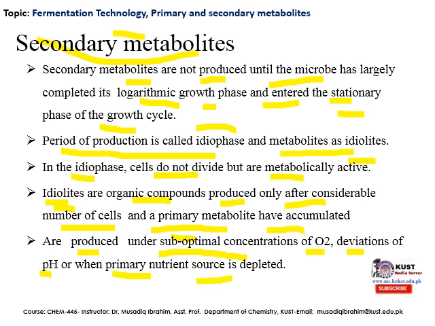So the nutrients, the media, are provided as a source of food for the microbial cells to grow. When the microbial cells reach the stationary phase, the primary nutrients are all consumed, and then the secondary metabolites start to be produced.